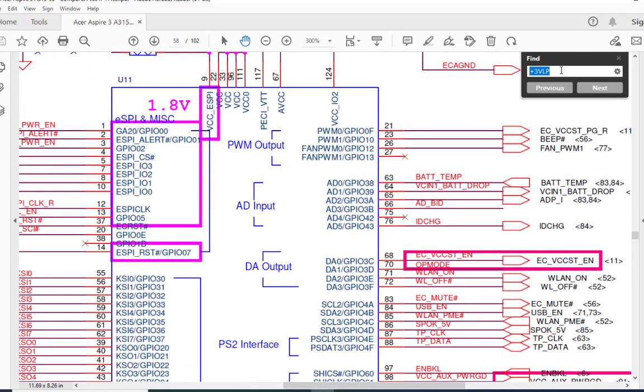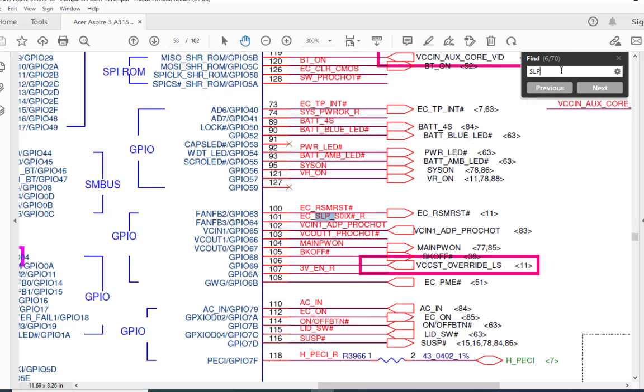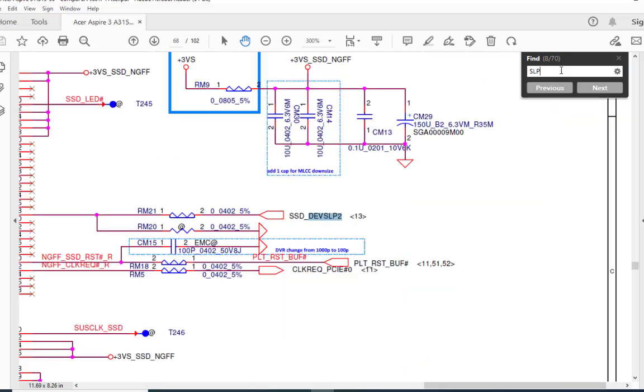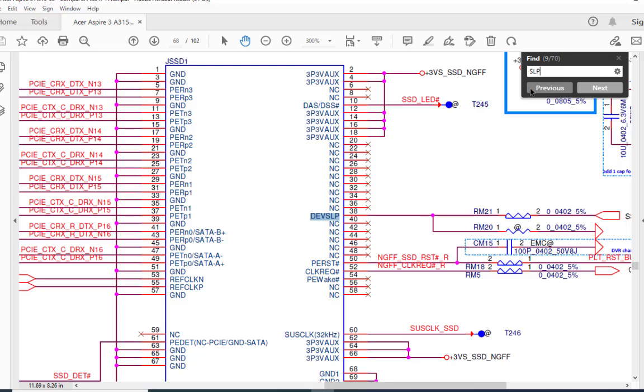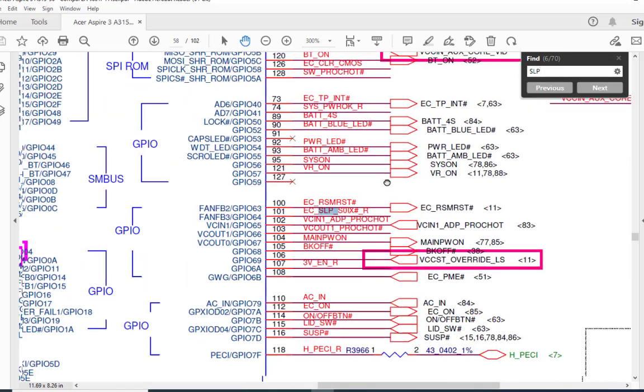You can find the signal like this also: I'll type here SLP. SLP0. Where did this page come from?